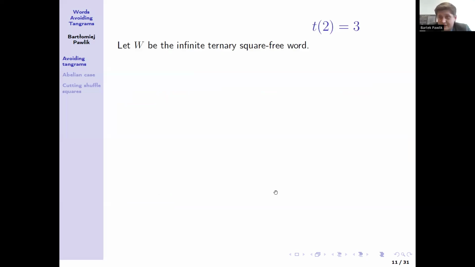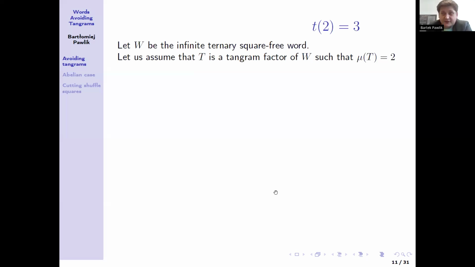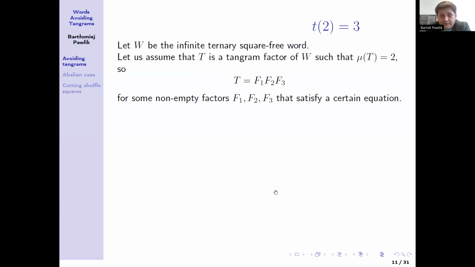And why is that? A little explanation, because it's a nice one. We can take, by the theorem of Thue, this infinitely long or arbitrarily long ternary square free word, and let us assume that t is a tangram factor of this word with cutting number equal to 2.